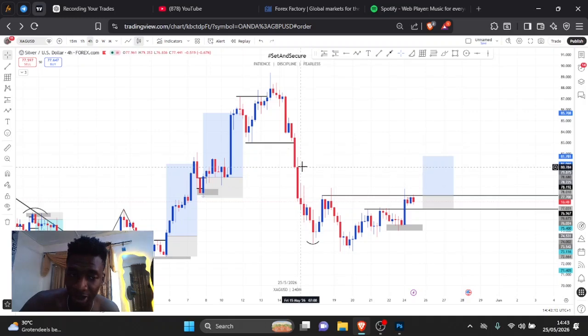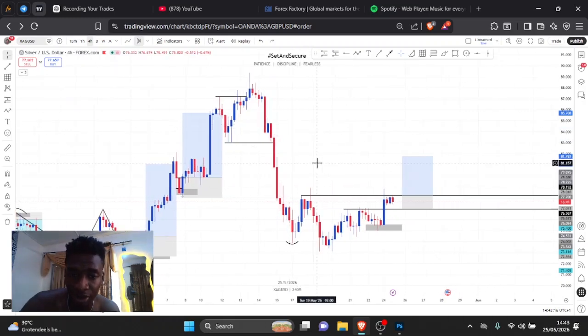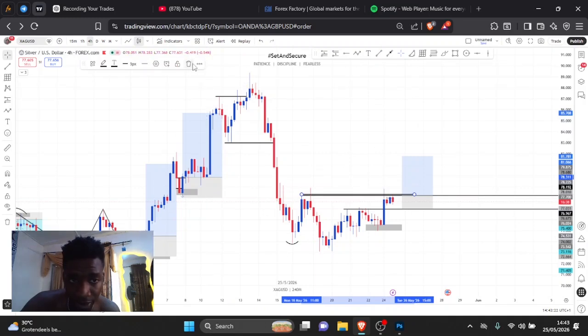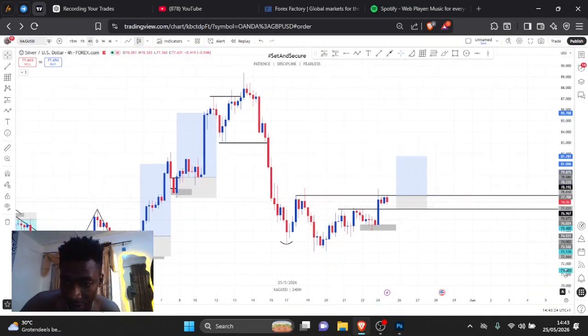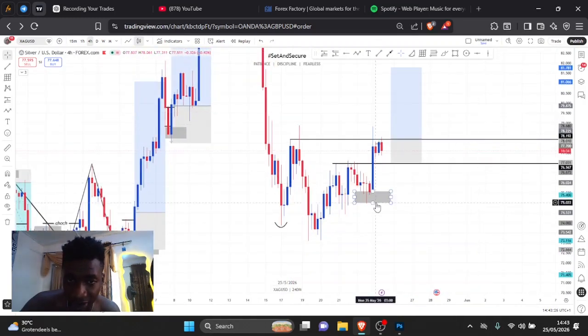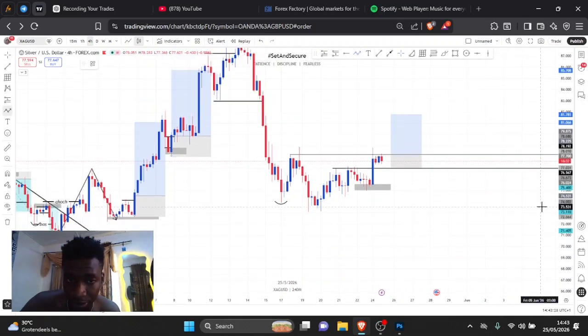So I think the market is going to buy because we have this protected high right here. We had a protected high right there. So the structure was something like this.